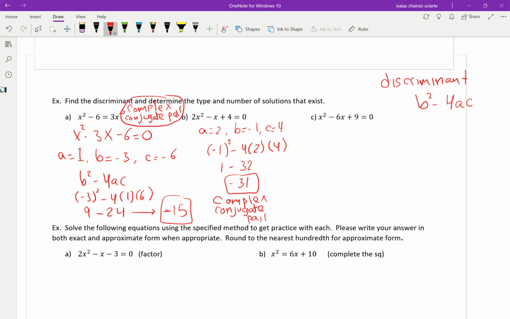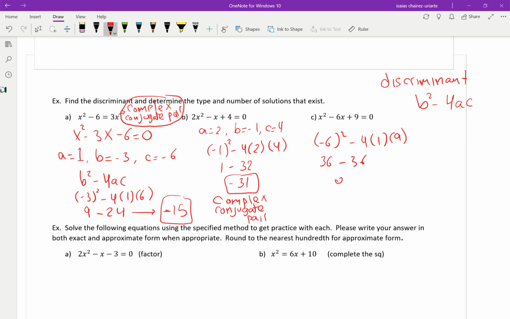Okay, last one, let's see. I'm not going to say what a, b and c are. I know this is supposed to be (-6) squared minus 4 times 1 times 9. So that's 36 minus 36.